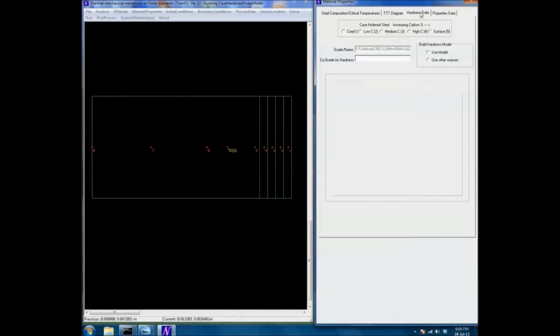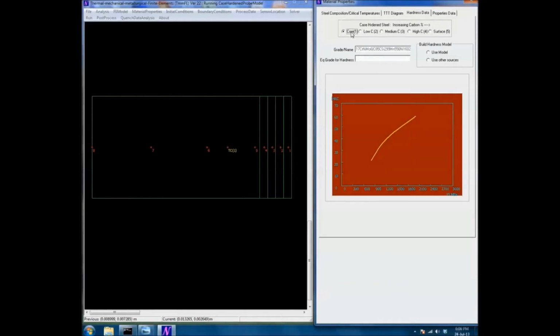Apart from the TTT diagram, the hardness data is also input as a model for the calculation of hardness of these sublayers. You will see that, depending upon the carbon percentage, the model also varies, however slightly.